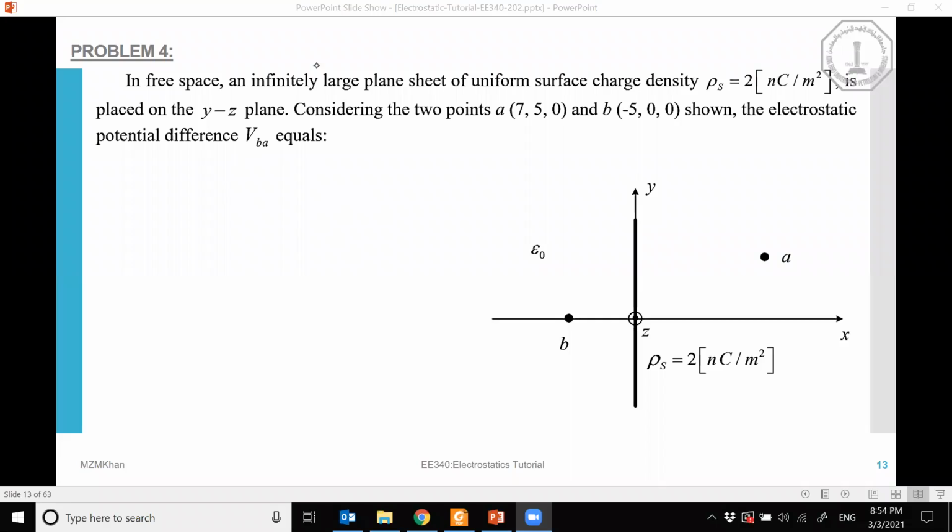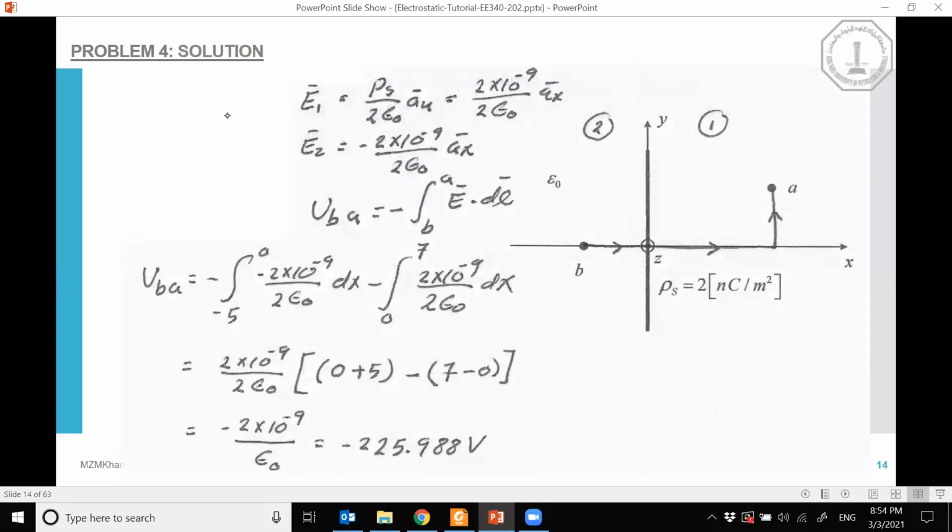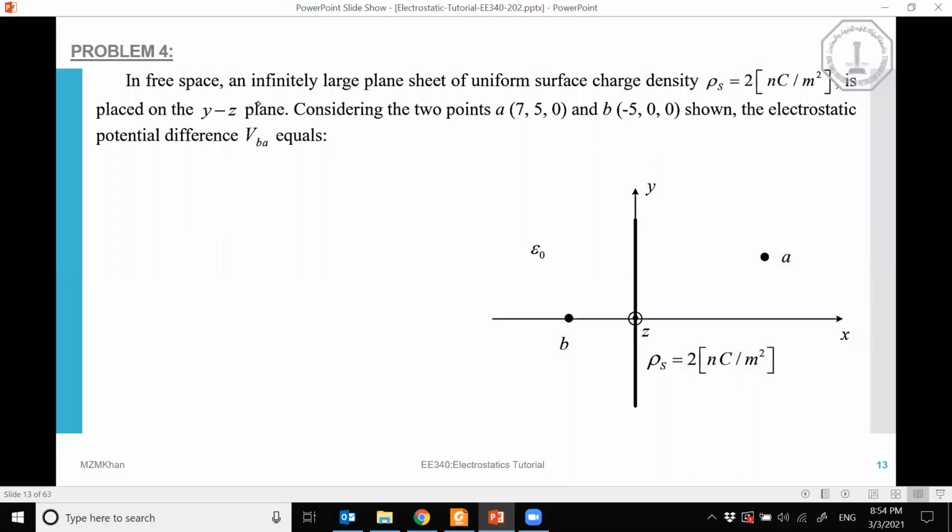So the question is saying that you have free space, and you have an infinitely large plane sheet of uniform charge density rho s, placed on the YZ plane. If you see here, this is a plane, because Z is coming out of our screen.